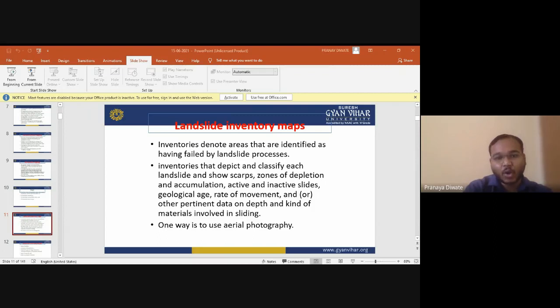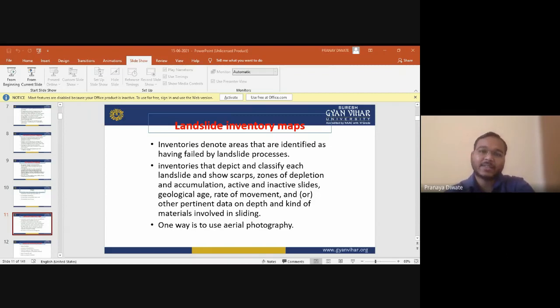You can see the dots, and all the dots are nothing but existing landslides in this area. This is a simple DEM. You can see the different heights, and these heights can be useful.